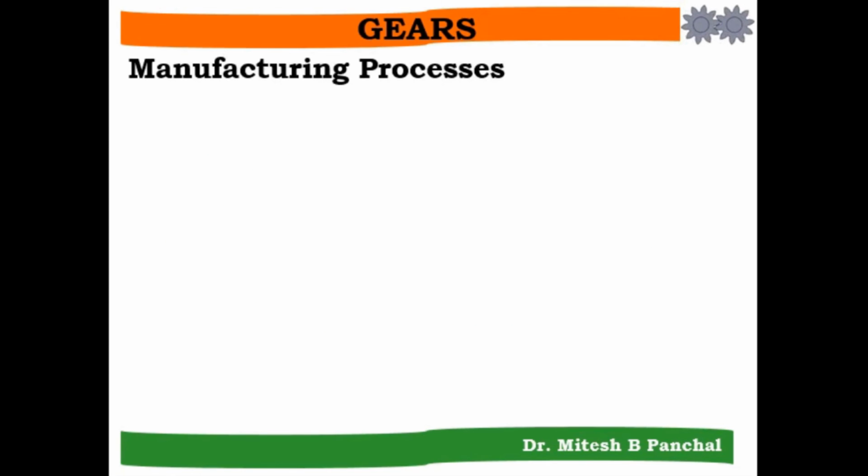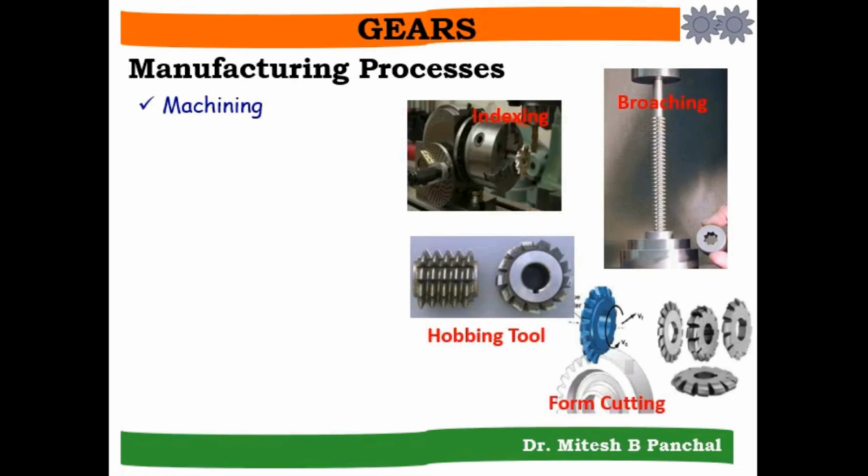Now we will see the different manufacturing processes for gears. The first one is machining. In machining, different operations are there; these are a few examples. We can manufacture the gear using a milling machine by providing indexing.